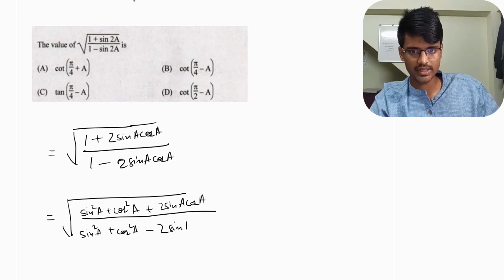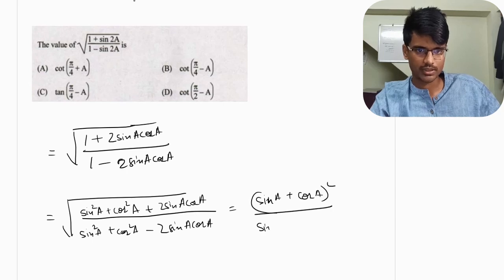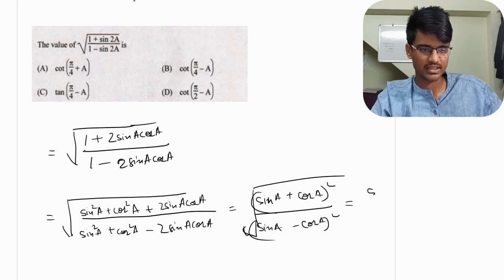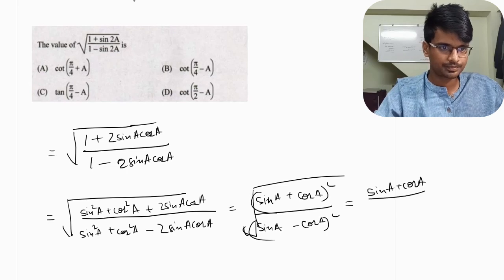Minus 2 sine A cos A. So the numerator I can write as sine A plus cos A whole square, and the denominator is sine A minus cos A whole square. The square root gets cancelled, and we are only left with sine A plus cos A over sine A minus cos A.